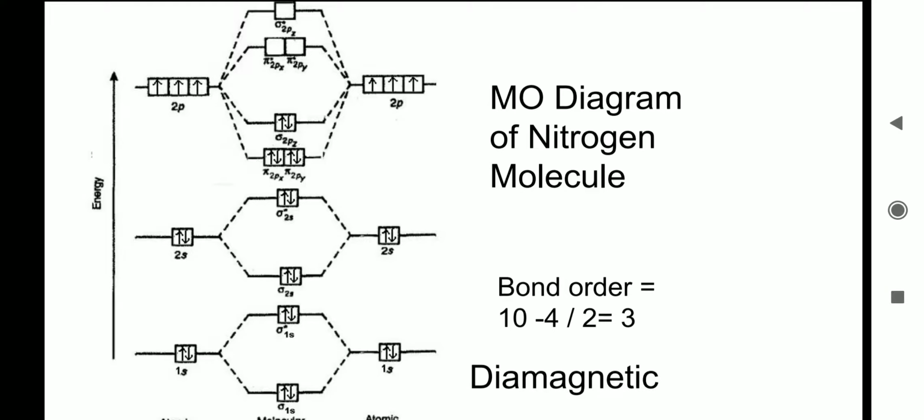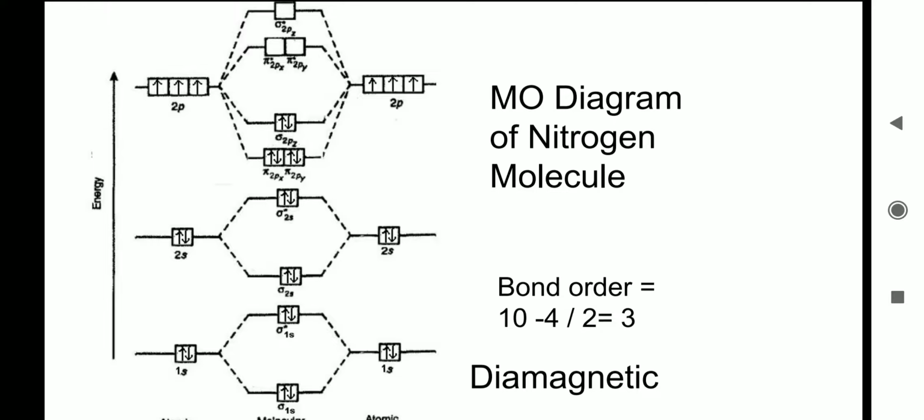What is HOMO? HOMO stands for highest occupied molecular orbital. Whenever we remove an electron to form a positive ion, it has to be removed from the highest occupied molecular orbital. And here the highest occupied molecular orbital is sigma 2pz. So to form the N2 plus ion, we will remove the electron from there, and then we will calculate its bond order, its magnetic behavior, and all those properties.